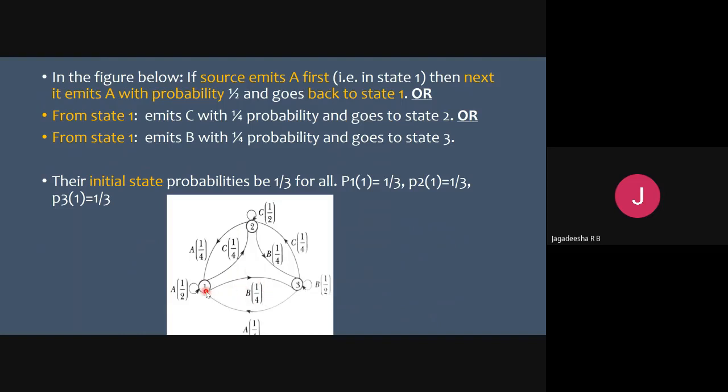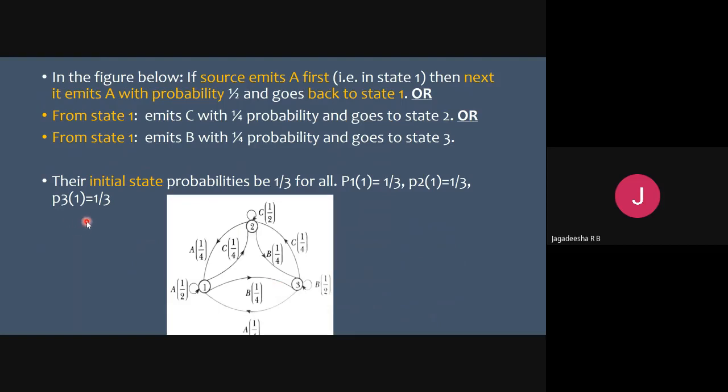In case I had emitted A first, there is 0.5 probability that it will emit A again, 0.25 probability that it will emit C, and the remaining 0.25 probability that it will emit B, and so on. But initially, maybe A or B or C, they are equiprobable. That probability is 1 by 3.